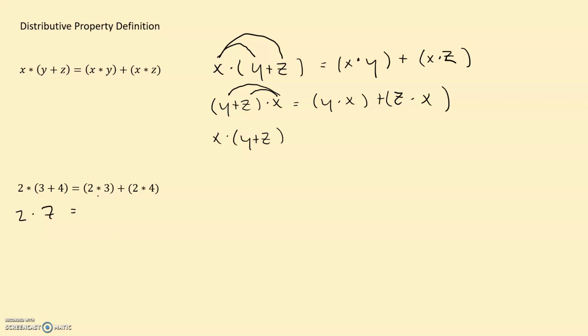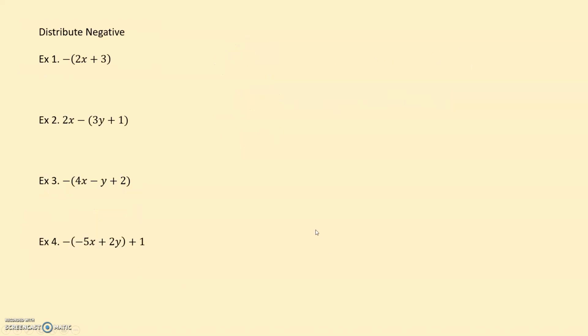And on the right side, I'm going to solve it by doing the multiplication first. So 2 times 3 is 6, plus 2 times 4 is 8. Then on the left side, we have 7 times 2, or 2 times 7, which is 14. And on the right side, we have 6 plus 8, which is also 14. So yes, these are the same. Yes, the distributive property holds true in this case.